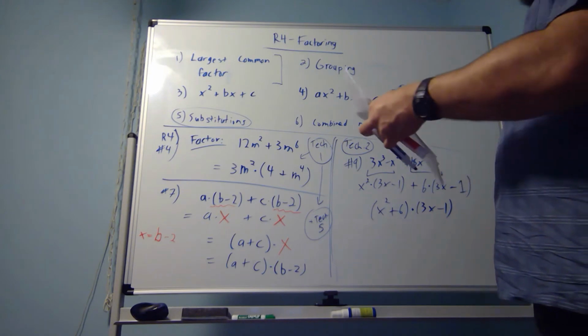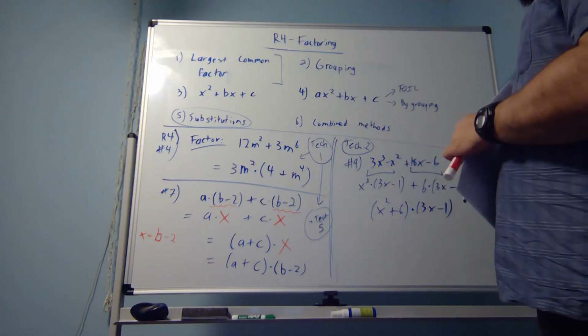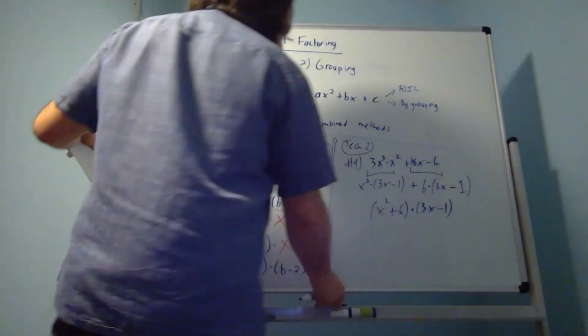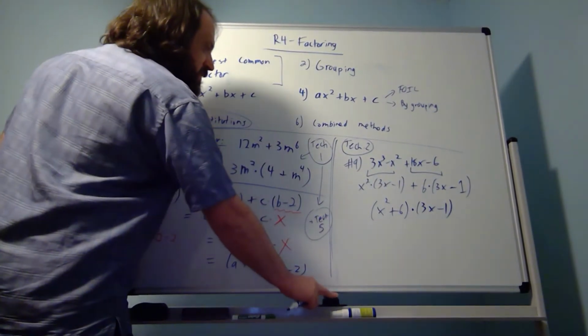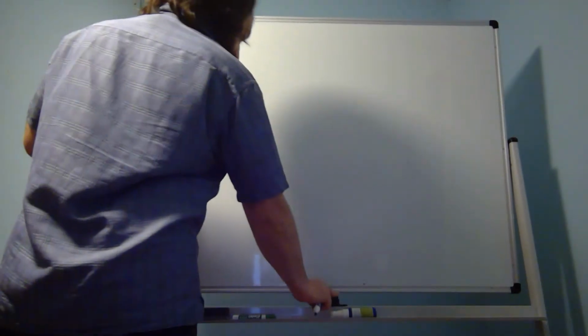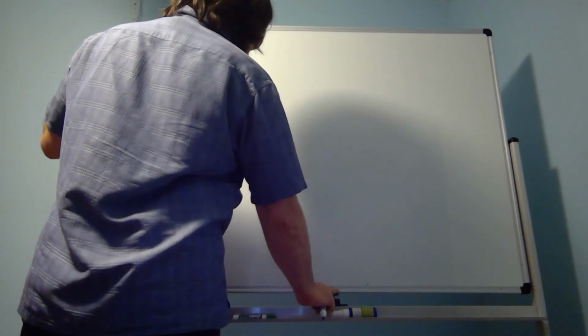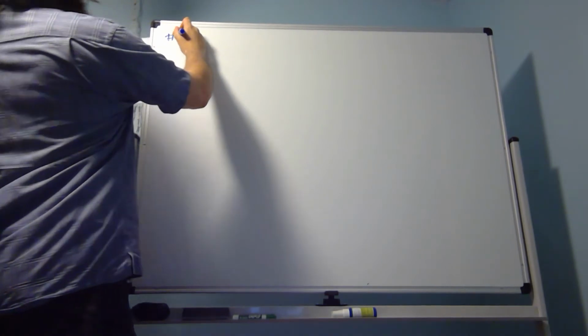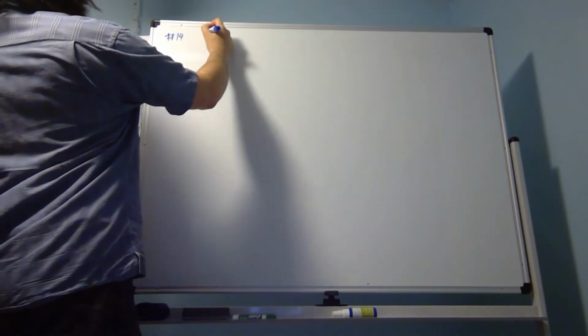I almost have enough space to do one more, but not quite. I guess we'll just flip it over. So, another factor by grouping. Again, by grouping, number 14.